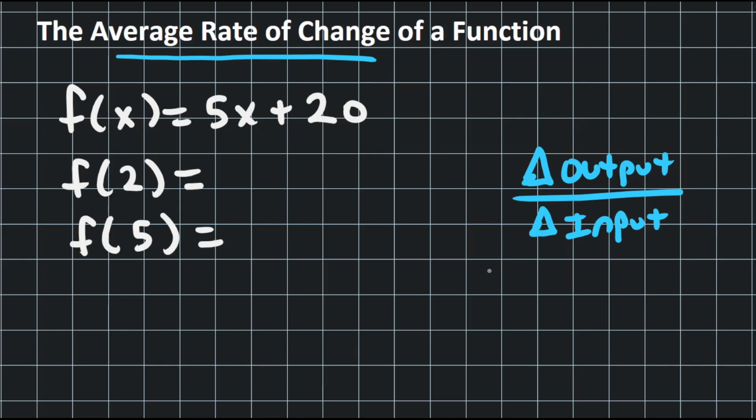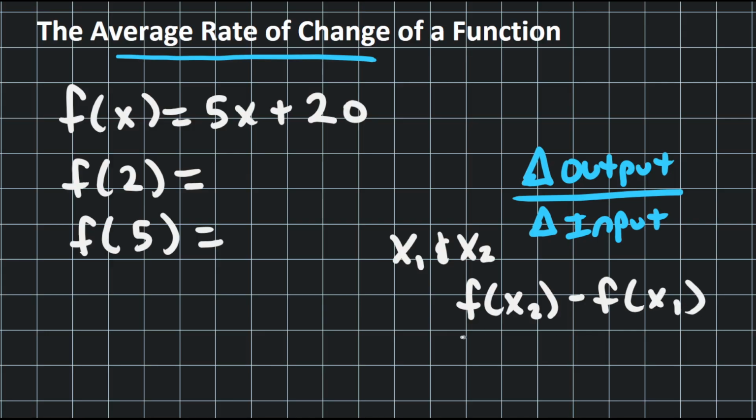So in the context of a function, if we have two x values, x1 and x2, the average rate of change would be f of x2 minus f of x1 divided by x2 minus x1. So this is the formula for the average rate of change of a function between two x values, x1 and x2.